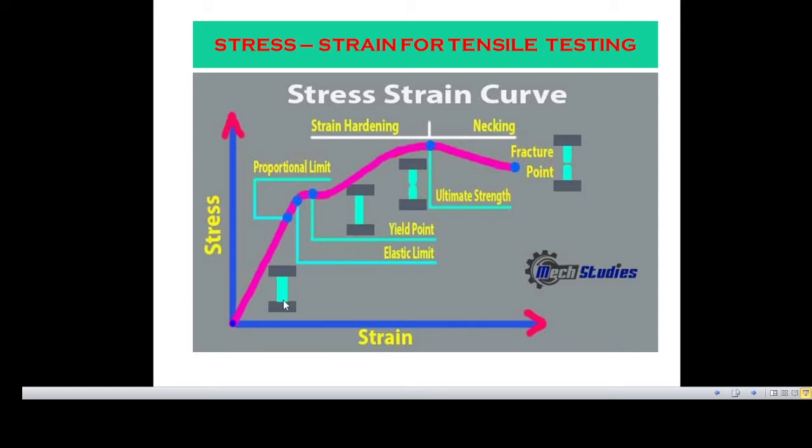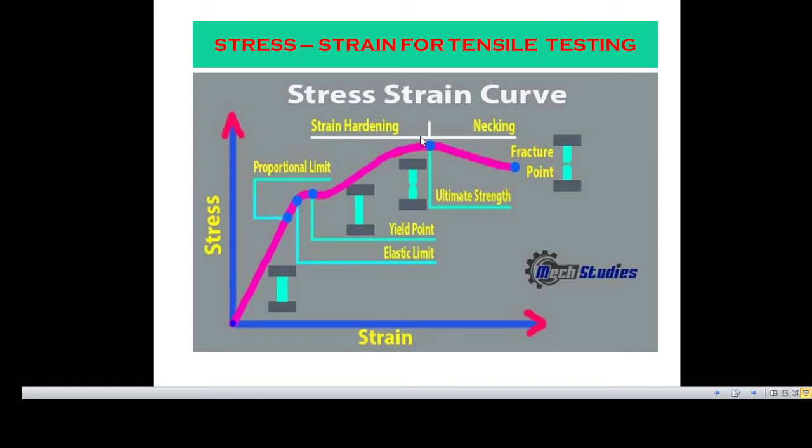Now here the length of the material will increase during loading, and as strain increases, stress also increases up to the upper yield point. Then suddenly the stress will reduce for a moment but strain will increase, and when the material gets strain hardened, then again the stress as well as strain will be increasing.